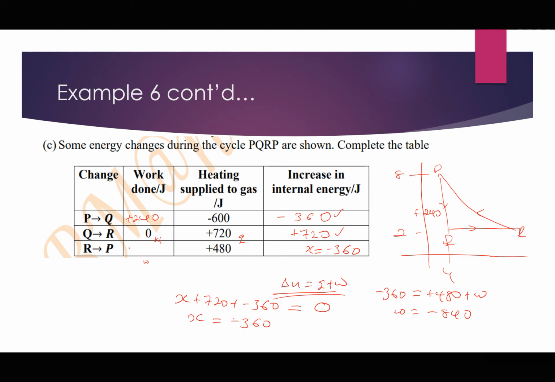So here we have negative 840 joules. That is our table. I have just been playing around with the first law of thermodynamics to fill this table, and I think that marks the end of this unit.